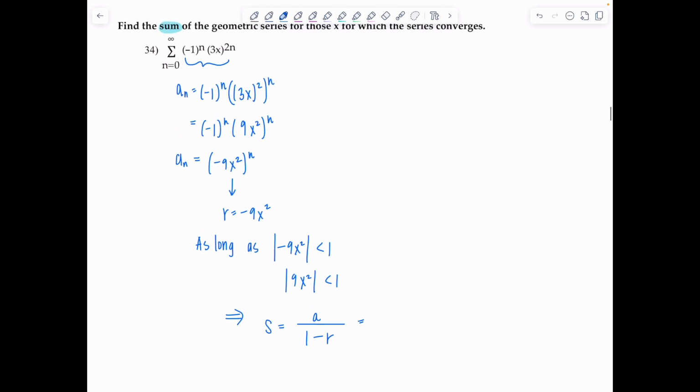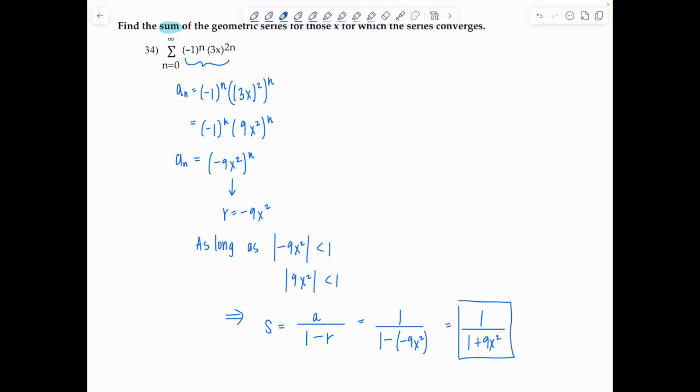So what's the first term of this series? Let's see here. We start at n equals 0. So these raised to the 0 means the first term is 1 over 1 minus r, which is negative 9x squared. So that gives me 1 over 1 plus 9x squared.